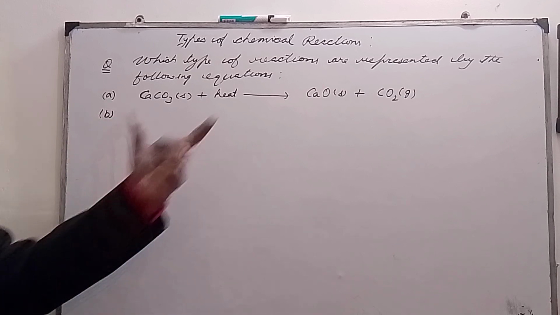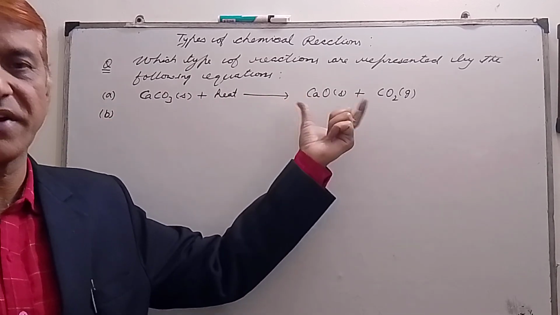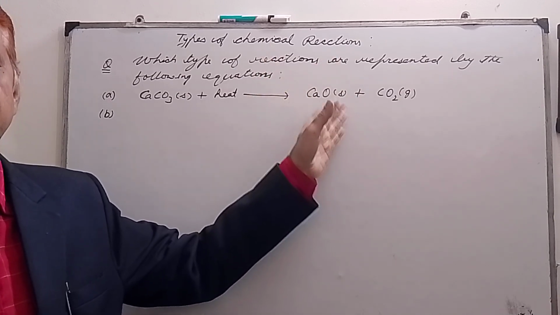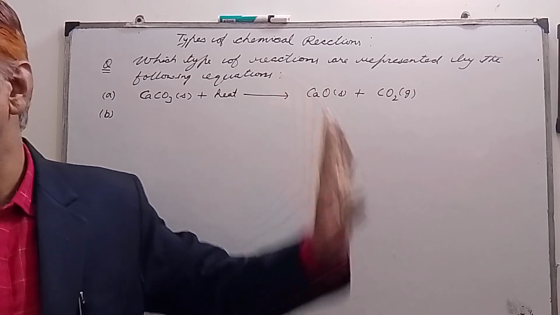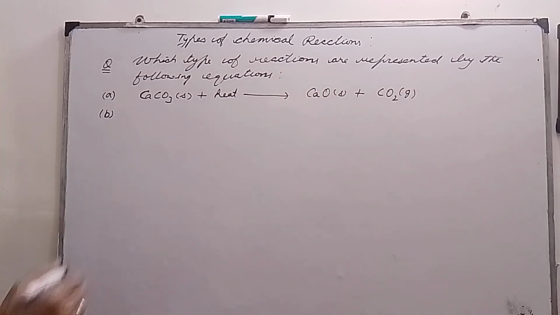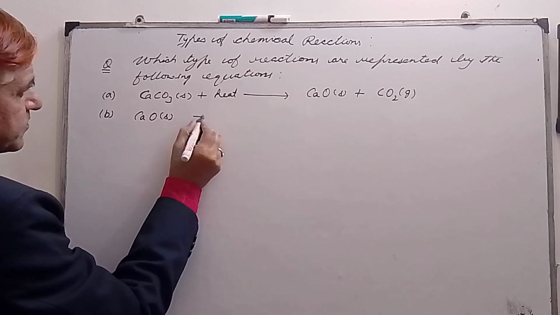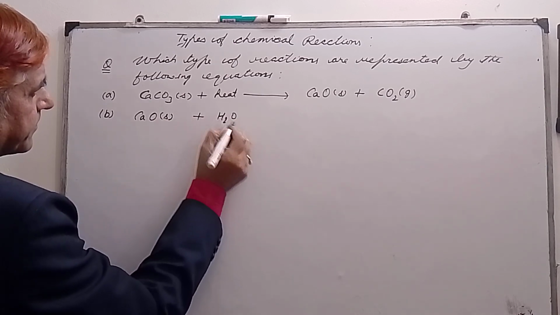You have to tell which type of chemical reaction this is, whether it is a combination reaction, decomposition reaction, displacement or double displacement reaction. Second is calcium oxide plus water.